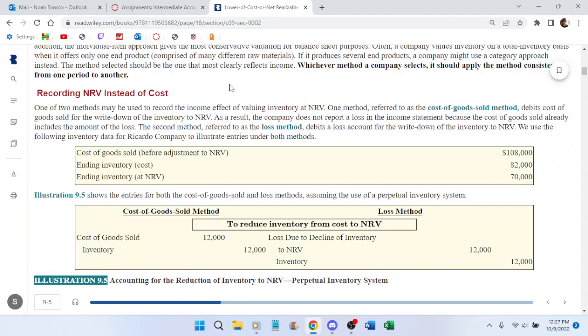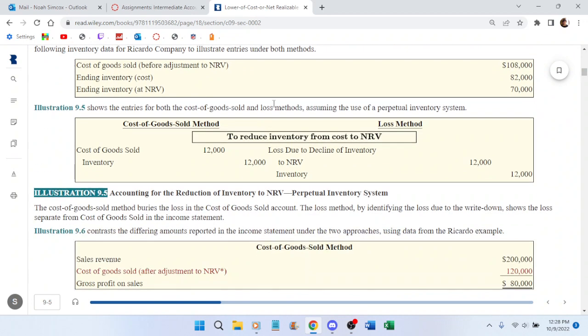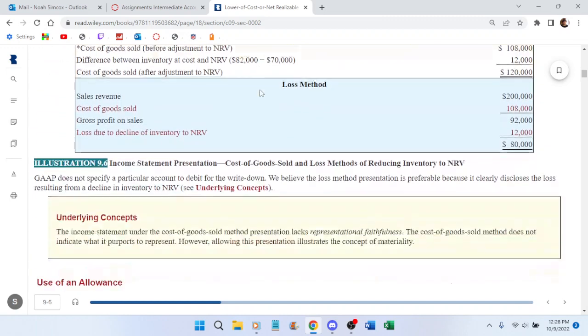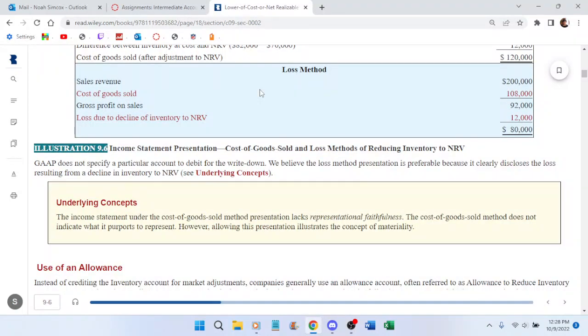Okay, here we go. There are two methods of recording net realizable value: the cost of goods sold method and the loss method. The textbook prefers the loss method.